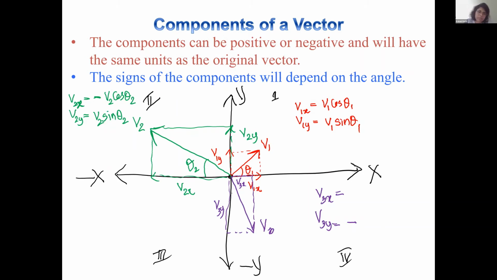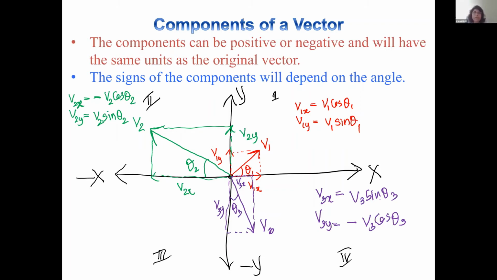I'll give you the angle as theta3. Now what is adjacent? Adjacent will be V3x, so this is V3 cosine theta3, and this is V3 sine theta3. You can also draw one in the third quadrant, where both will be negative. Now that you know how to write the components in each quadrant, you can do all the problems if you carefully handle the directions.